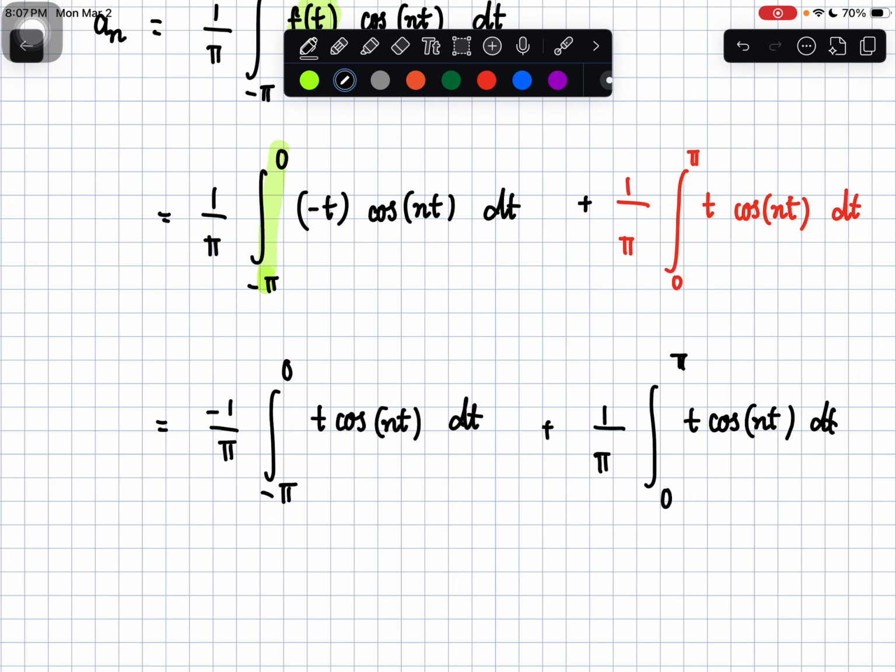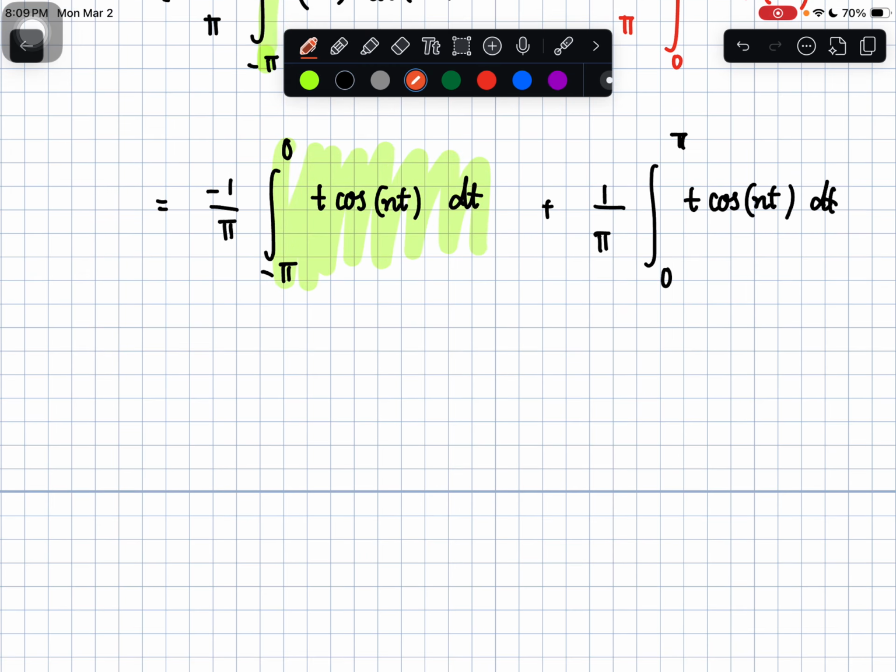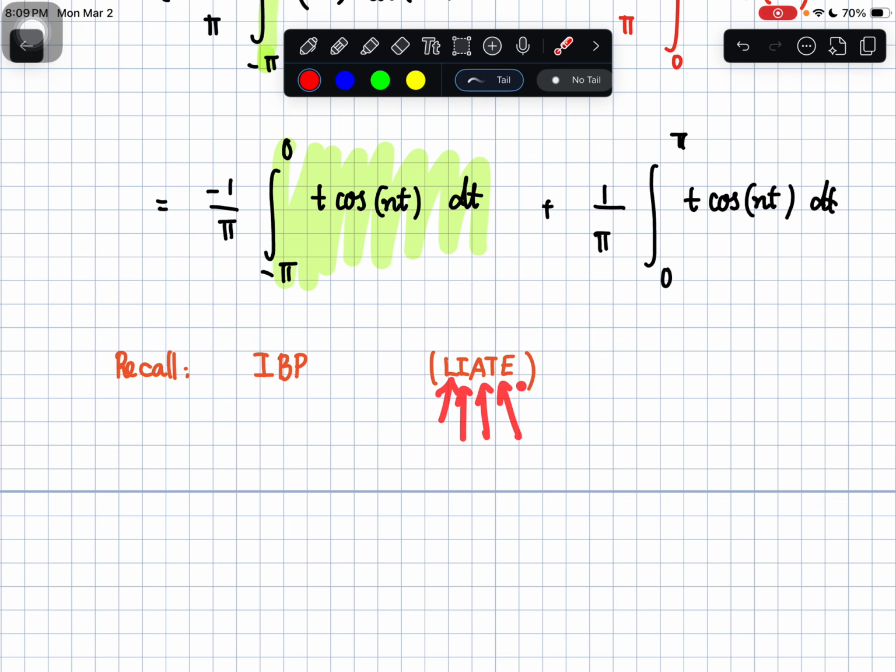Here you do integration by parts. Let's compute the first integral. Recall integration by parts, and there is one trick for choosing u and v: logarithmic, inverse trigonometric, algebraic, trigonometric, and exponential.